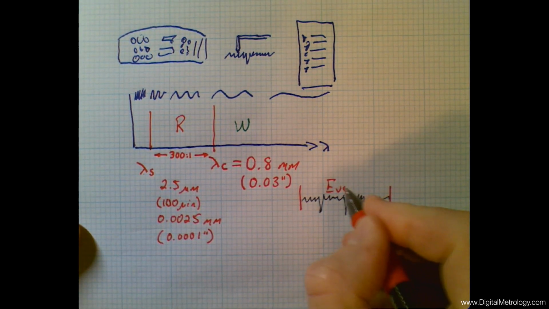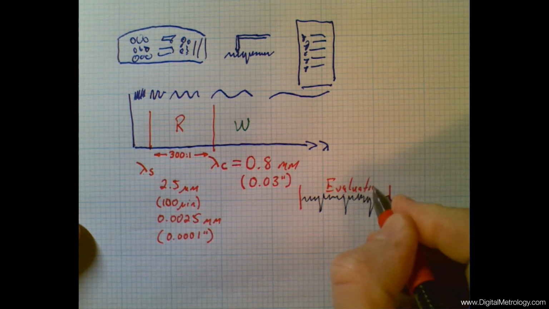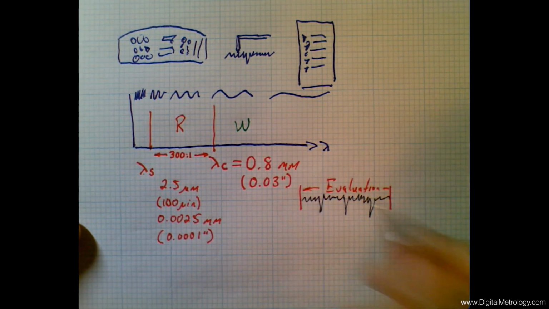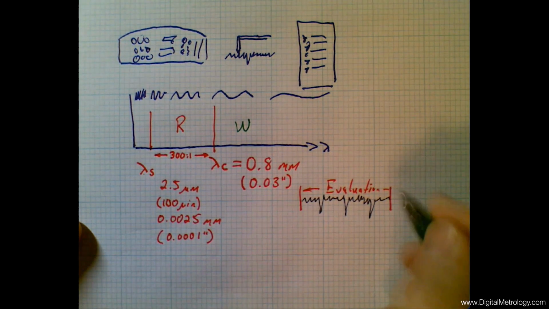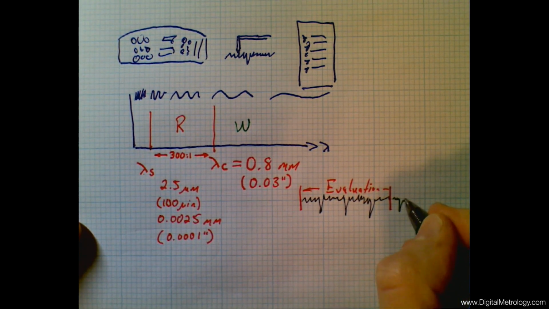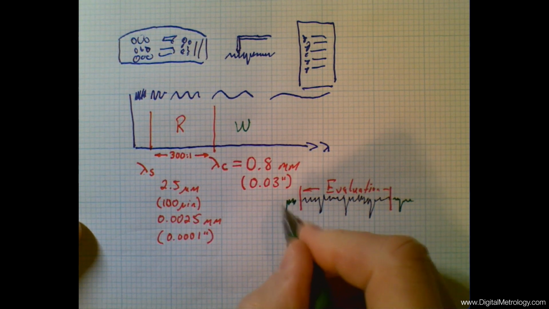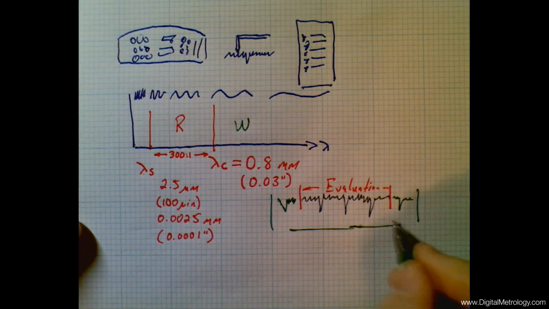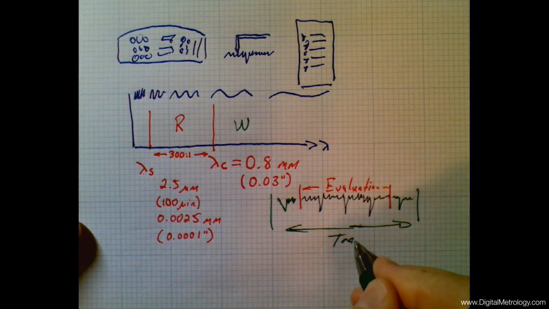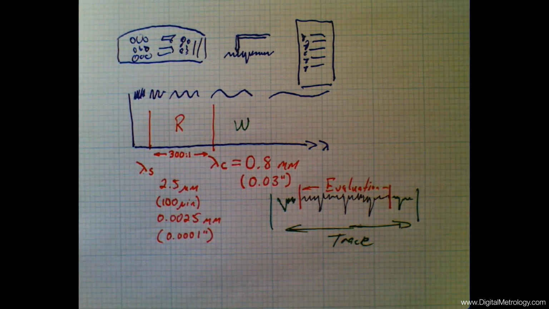Now, I'm going to be specific here. The evaluation length is the amount that we're going to calculate over. The gauge may actually measure more than that to throw some points away due to filtering. So the evaluation may be different than the tracing length. The tracing length could have some extra.